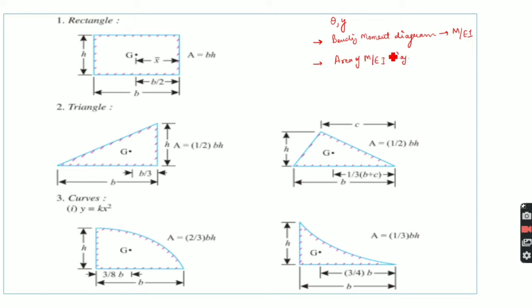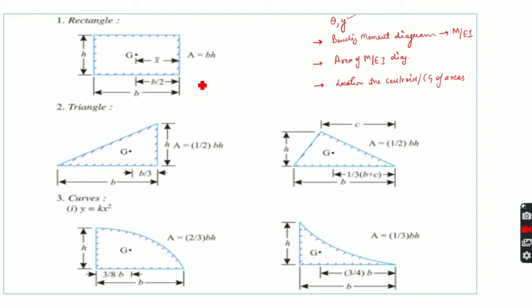So when we have drawn the M by EI diagram from the BMD, depending on its shapes, we will have different areas, right? So as you have studied earlier, there can be different shapes of BMDs. Therefore, their areas can be different. So we must know how to calculate those areas, and we must also know how to locate the centroid or CG of those areas, because when we are calculating the deflections we have to multiply the area with the x bar, so we must know the location of centroid.